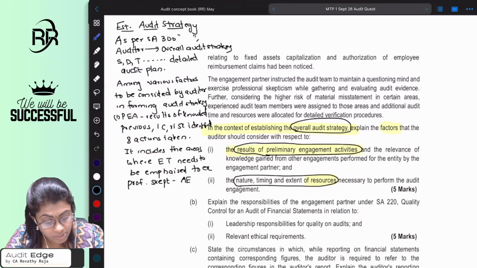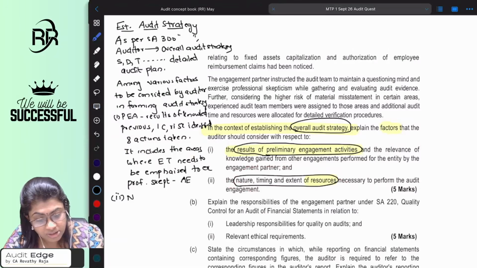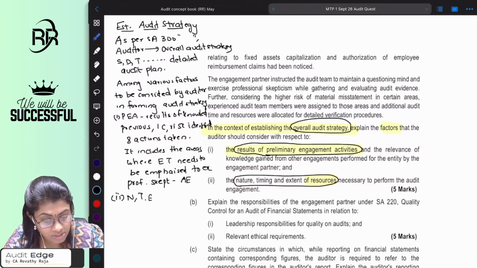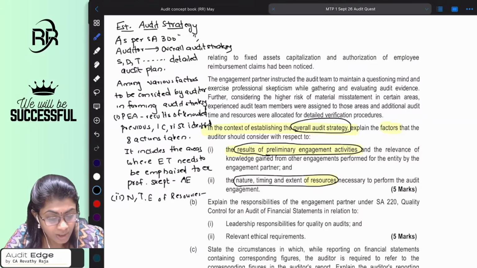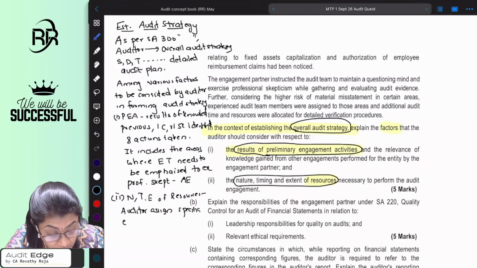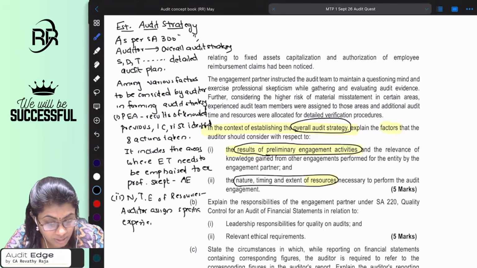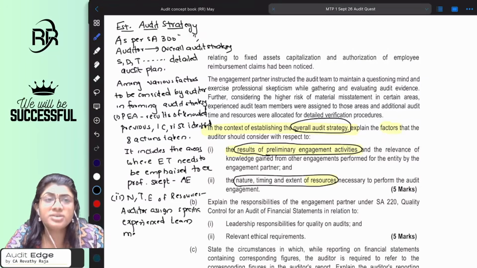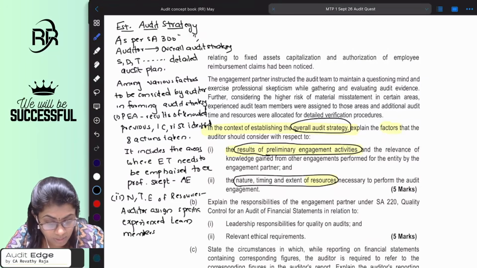In the second part, the nature, timing, and extent of resources. Auditor shall assign specific or experienced team members. Team members means engagement team members.